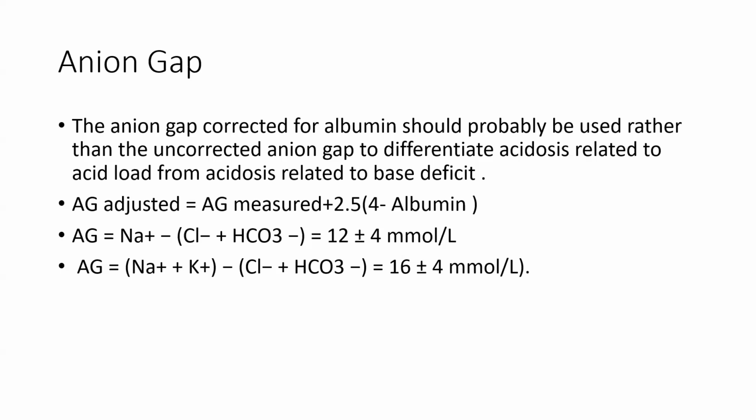The anion gap is calculated as sodium minus chloride plus bicarbonate, or sodium plus potassium minus chloride plus bicarbonate, and the normal range is between 8 and 12.